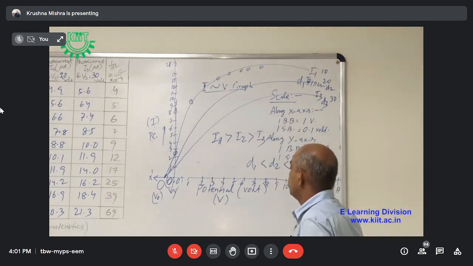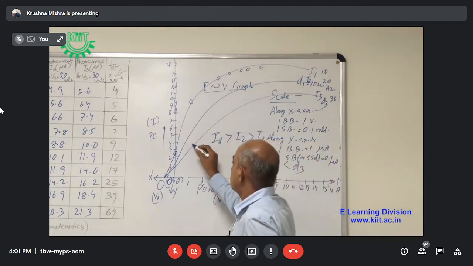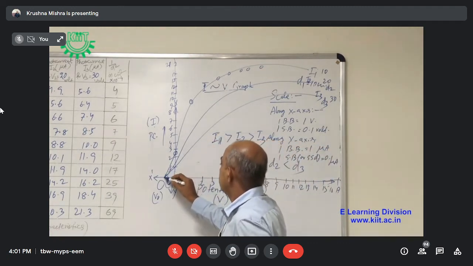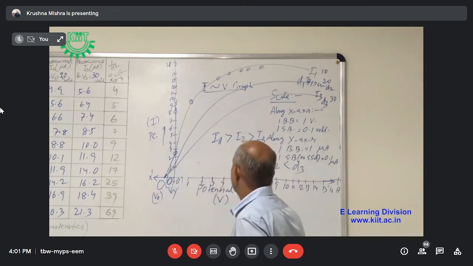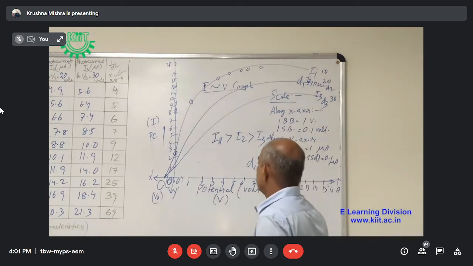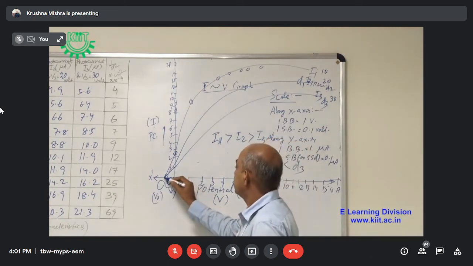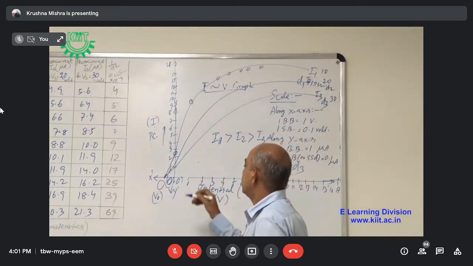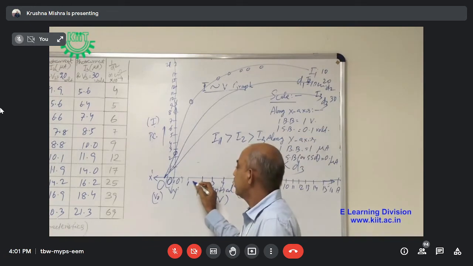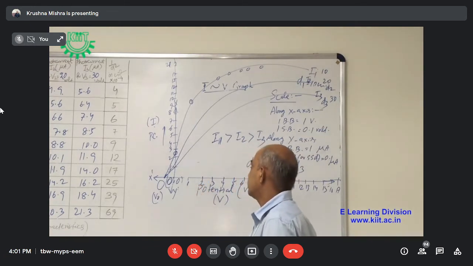potential given to the anode, and all the curves meet at a single point on the negative side of the potential axis. This indicates that the stopping potential is independent of the intensity of light. It depends on the frequency of light.